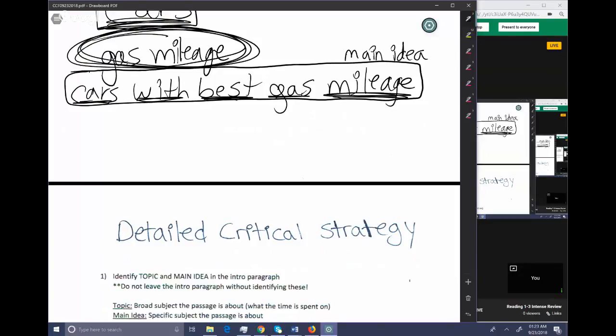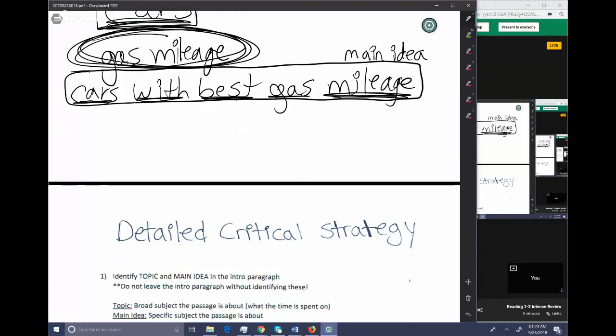So the paragraph itself has its own little miniature main idea, and that miniature main idea supports the main idea, and then the little details that are in each paragraph support that paragraph's focus. So the whole idea is to think about the passage as a whole first, and then think about each paragraph individually and why they are what they are based on what the whole is doing.